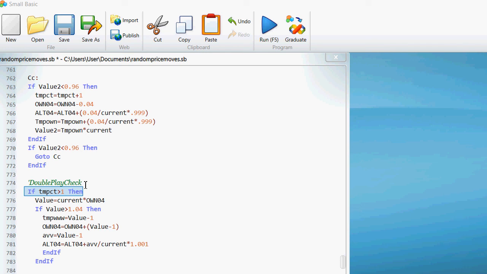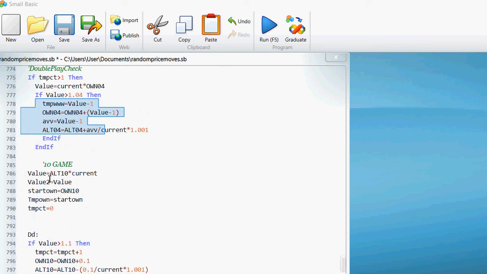So you would have hit a buy order, say, maybe 2 buy orders and like 3 to 4 sell orders. Well, after you come back, you're going to have to sell a little bit most likely. So what it does is it checks to see after all that's said and done if it's still worth more than 1.04, and if it does, sell the market down so it's worth 1. That's what that does.